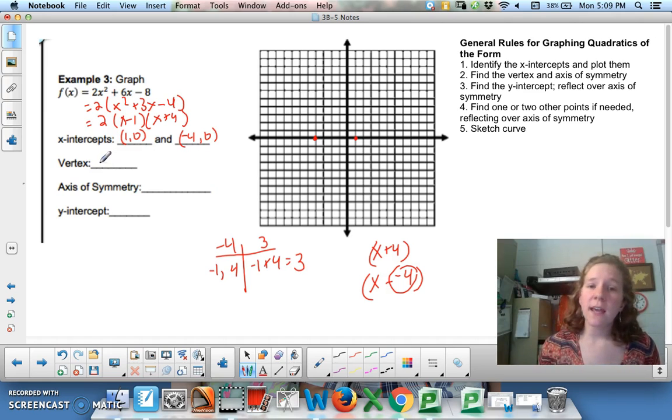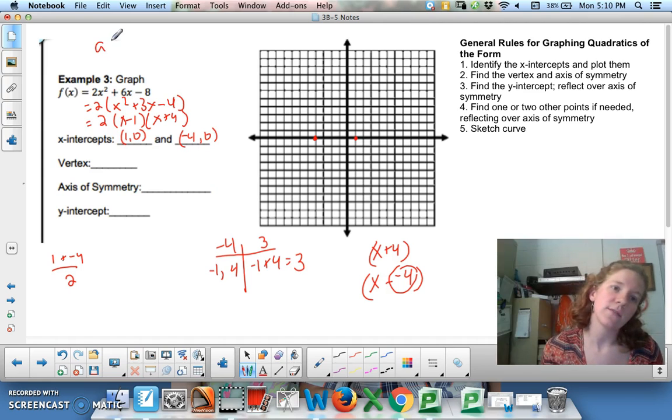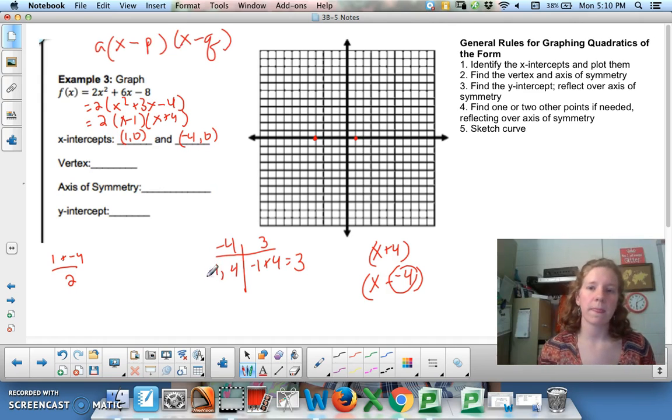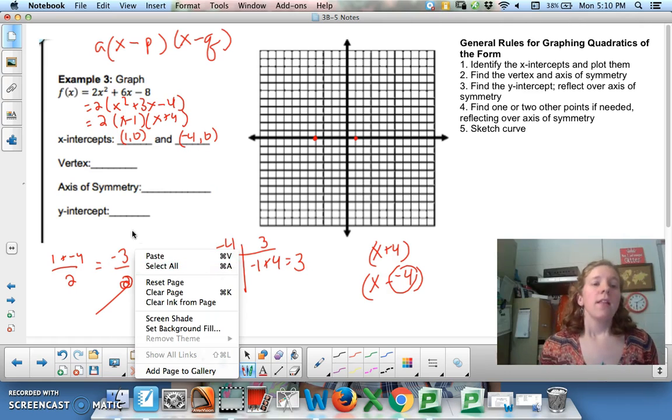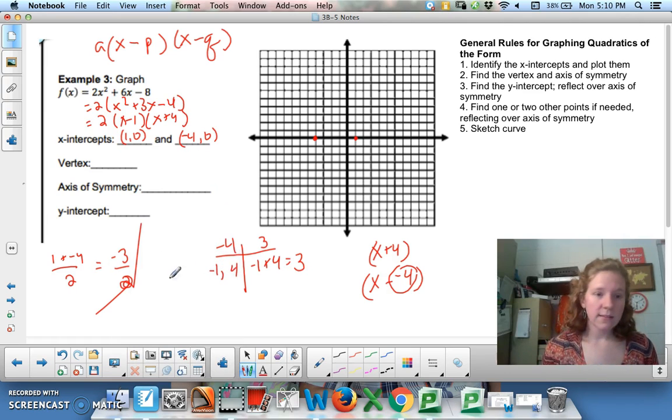Okay, for my vertex, I'm going to say p plus q over 2, because remember, I'm just going to rewrite this for us: (x minus p) times (x minus q). So 1 plus negative 4 gives me negative 3, over 2. That is going to be a decimal, but that's okay.